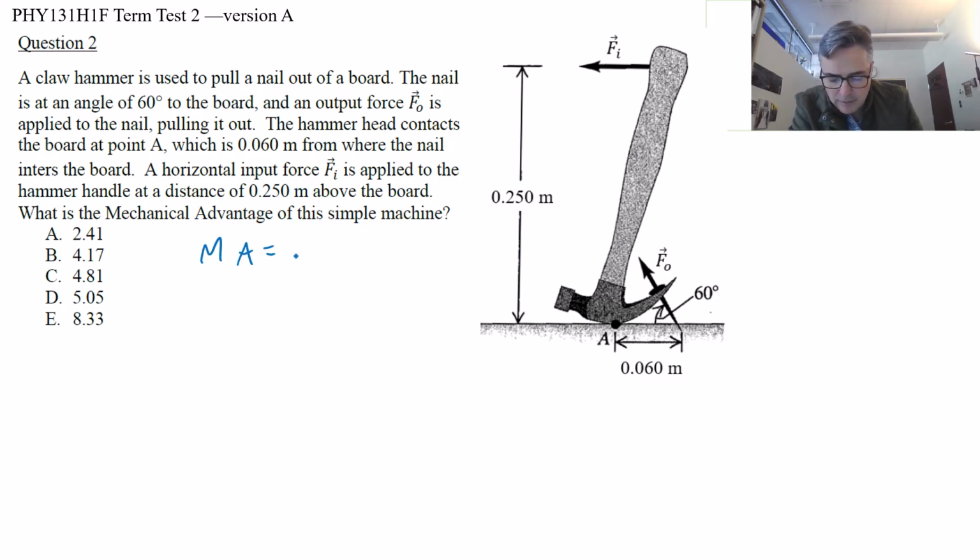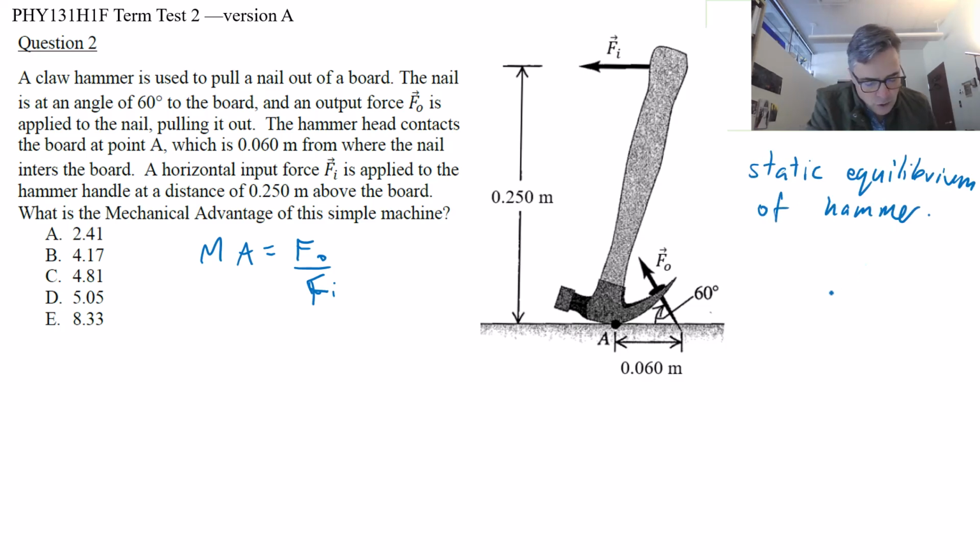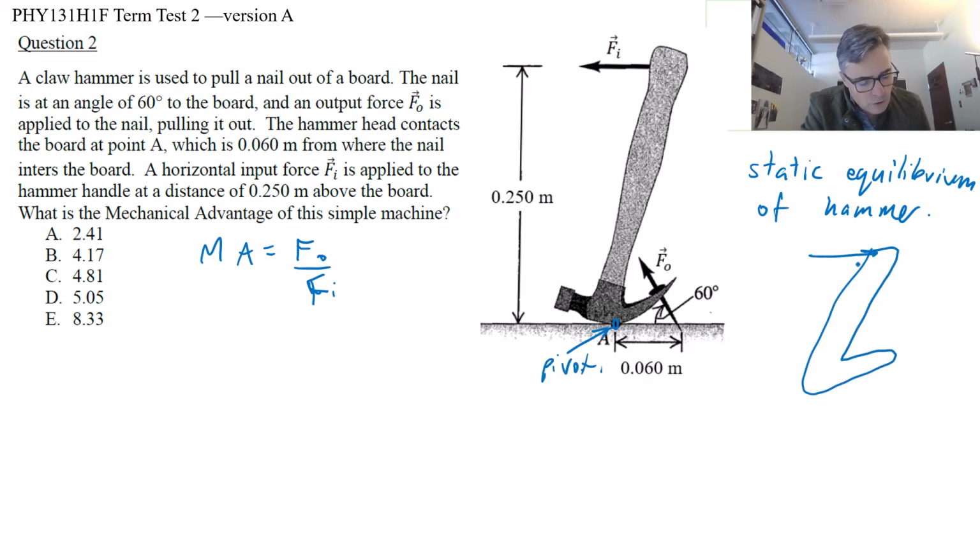Mechanical advantage is equal to the output force divided by the input force. What will happen is you will have static equilibrium of the hammer. So this is the pivot, and if I draw F input and its force line, then this R perpendicular for the input is going to be 0.25 meters.